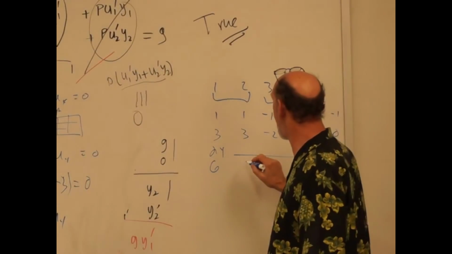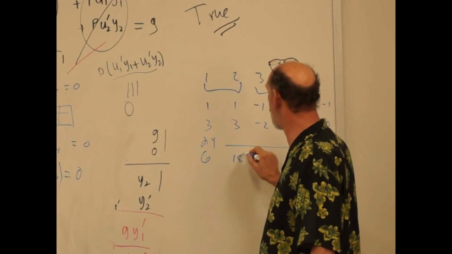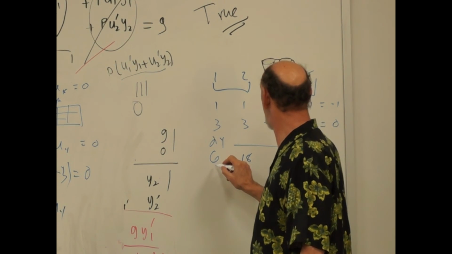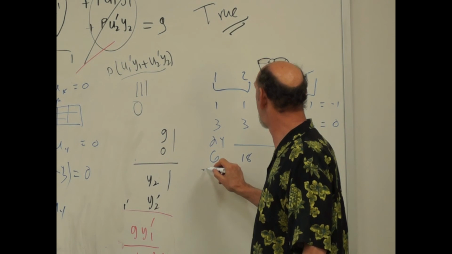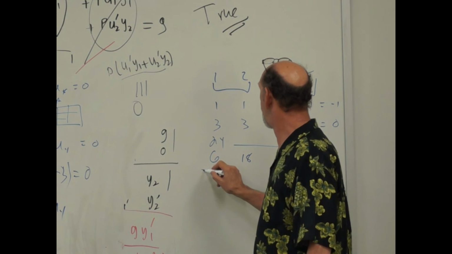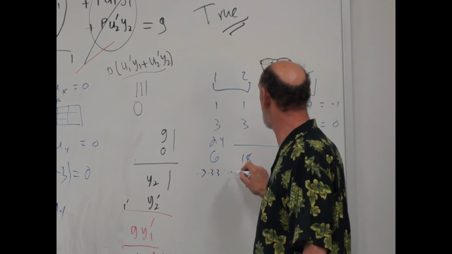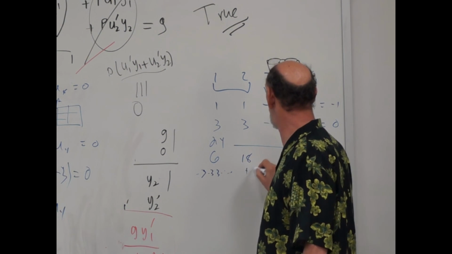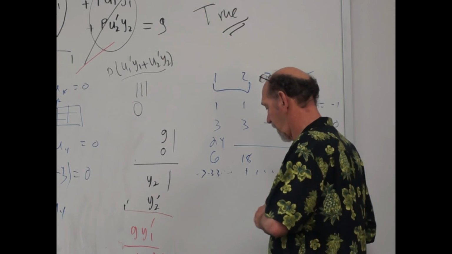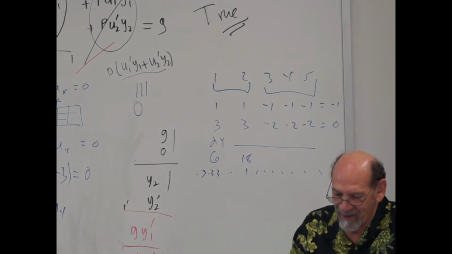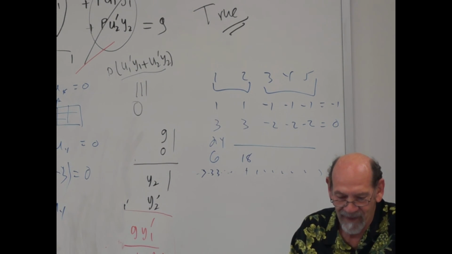So how many are the rest? What's 6 times minus 24? 18? So that means these are going to be minus 3, minus 3, minus 3, 6 times. And this is going to be all ones. Okay? So now we're going to copy it, we're going to run it again.